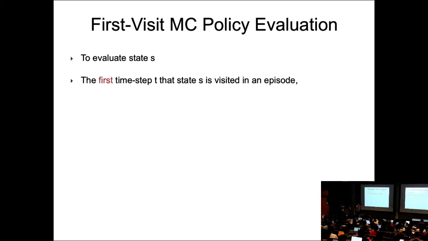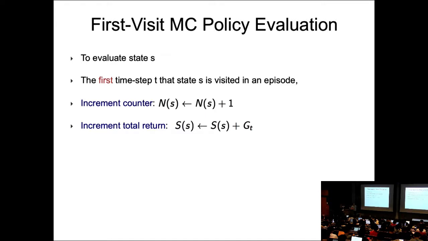Here's a little more detail of the algorithm. It's a very simple algorithm. To evaluate state S, the first time step T that state S is visited in an episode, you do the following. You increment the counter, the number of times state S is visited.